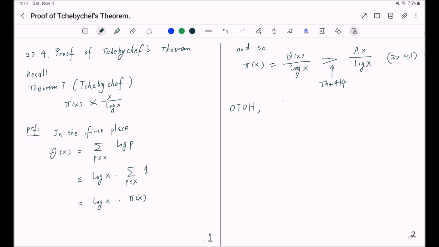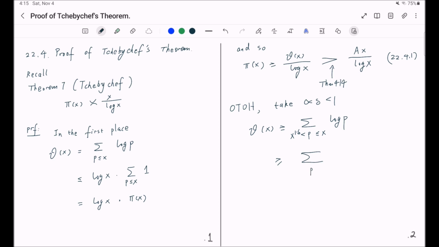On the other hand, to show the upper bound, we take delta, a number between 0 and 1. From the definition, if we make a truncation at p equal to x to the 1 minus delta, we get an inequality.